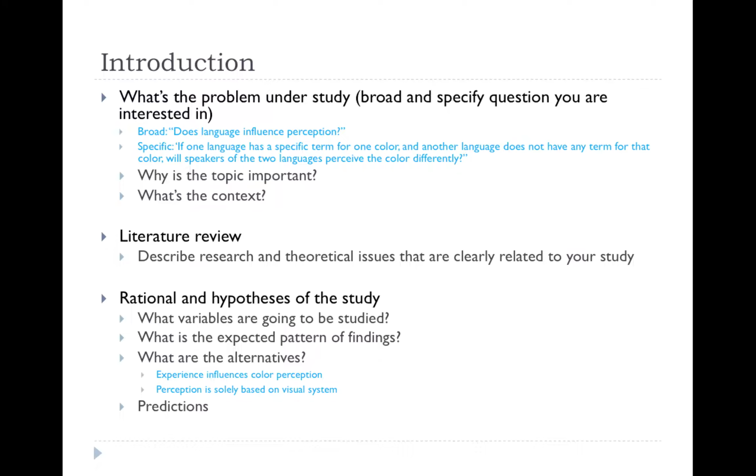Putting it in context sometimes is part of why is it important, but it also makes clear to the reader, for the above mentioned example, for instance, are we looking at cultural effects, or are we looking at it from a visual perspective? So what is the area of psychology that you're focusing on? All of that would have to go in your introduction, probably within the first paragraph.